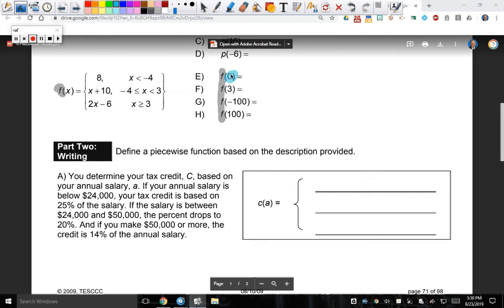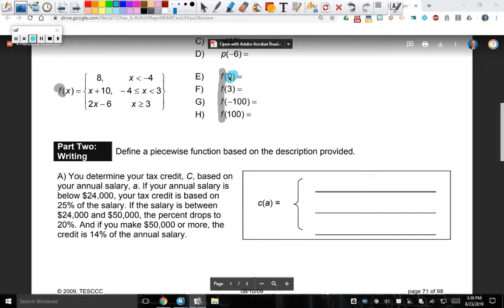We're going to plug in 0. Don't say anything yet. You have 1, 2, 3 equations. Look at those interval notations because you need the practice. And you tell me, where does 0 go?